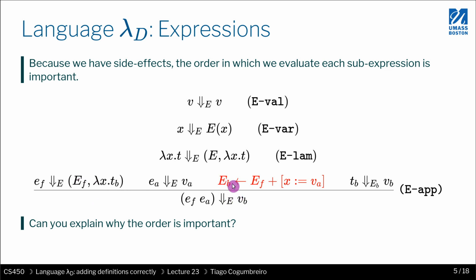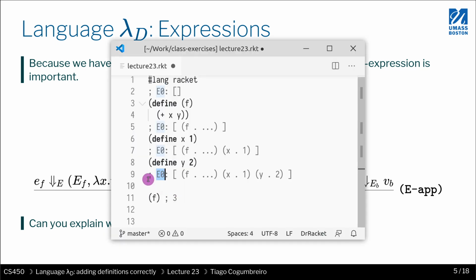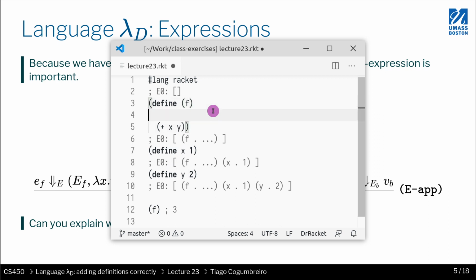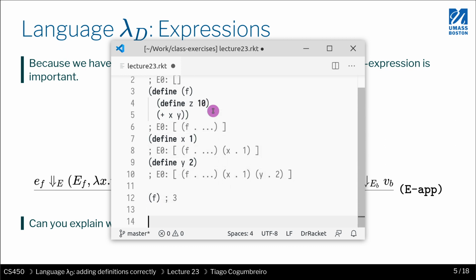But the idea here is that when you execute a certain function, you shouldn't mutate the environment that is enclosing it. If I define a variable here, let's say I want to define Z to be 10, then after calling 3, Z should not exist at this outer point where we are in E0.